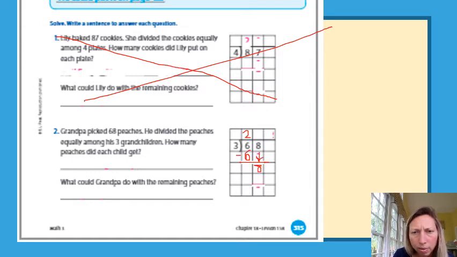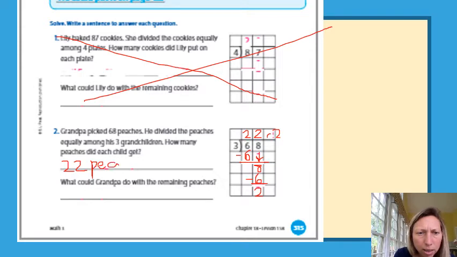Now I have 8 divided by 3. That is going to be 2 again. 2 times 3 is 6. And I subtract, and I get 2. So I have a remainder of 2. So how many peaches did each child get? 22 peaches.